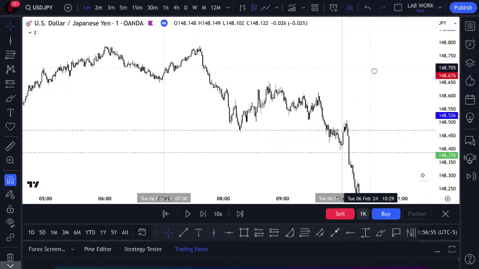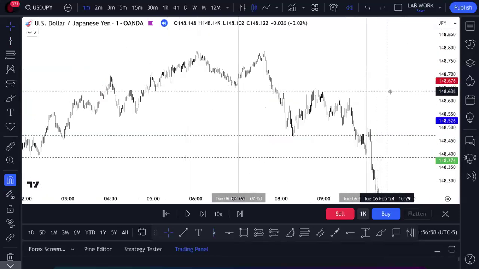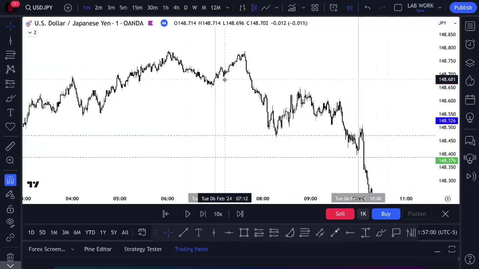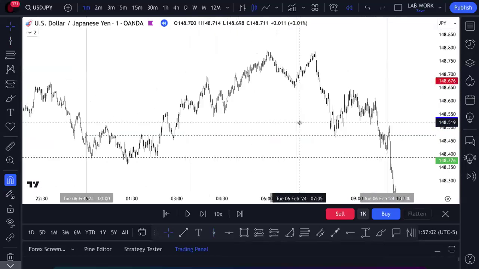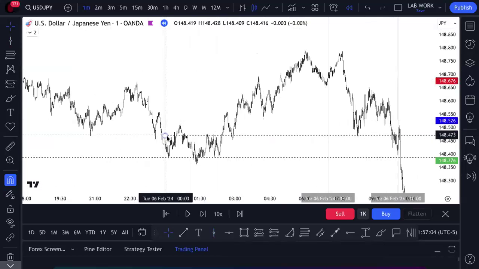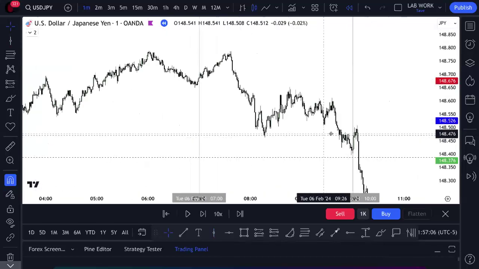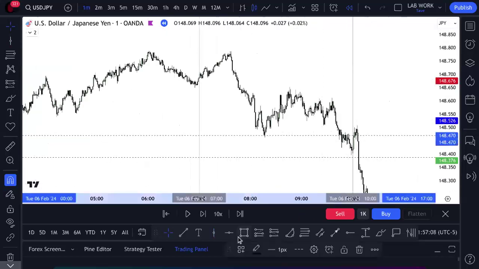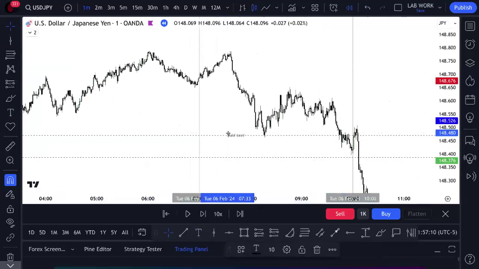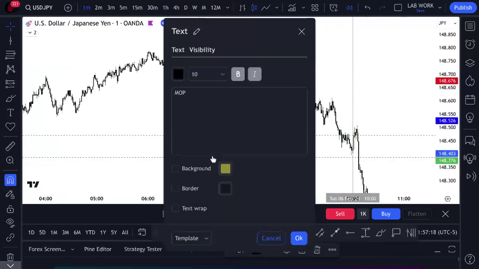Just looking at this, with hindsight, we can see how price is above the midnight opening price right there. That's midnight, that first dashed line that you see here. Let's put something there so we can see it. It's MOP, midnight opening price. This is SOP, Sunday opening price.